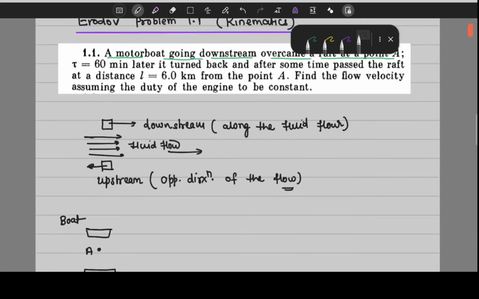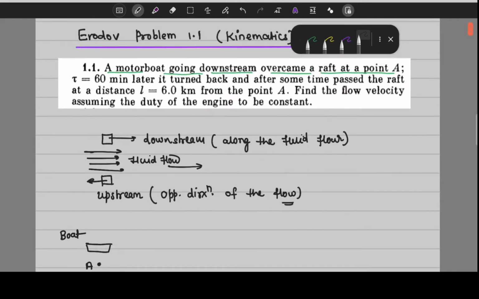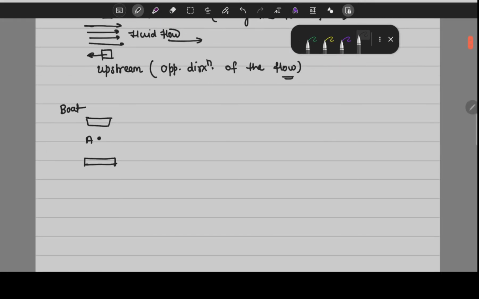Okay, so these two are there at point A. Then let us assume that the velocity of the fluid is u, and the velocity of the boat with respect to the fluid is given as, let us say, v. That means what is the exact velocity of this boat? That is v plus u.